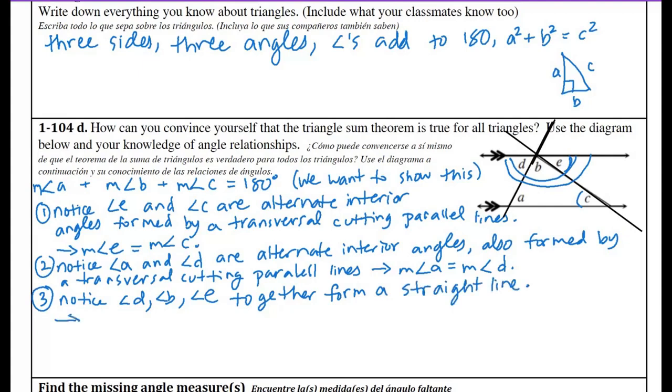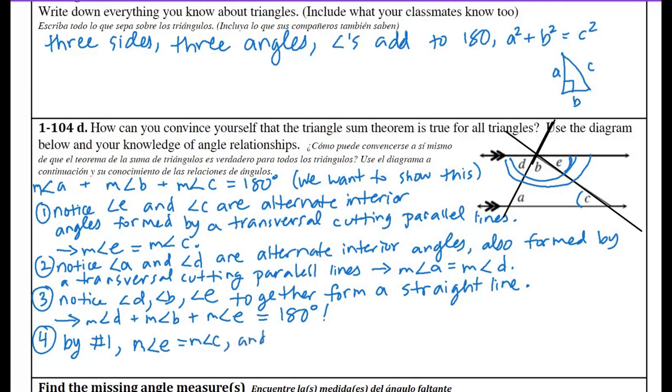Therefore, the measure of angle D plus the measure of angle B plus the measure of angle E should equal 180 degrees, which is great because by number 1 above, we have that the measure of angle E equals the measure of angle C, and by number 2, we have the measure of angle D equals the measure of angle B.